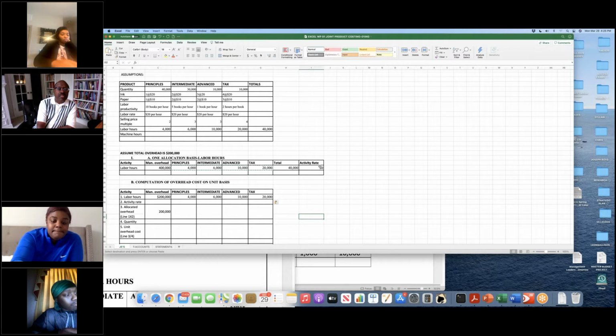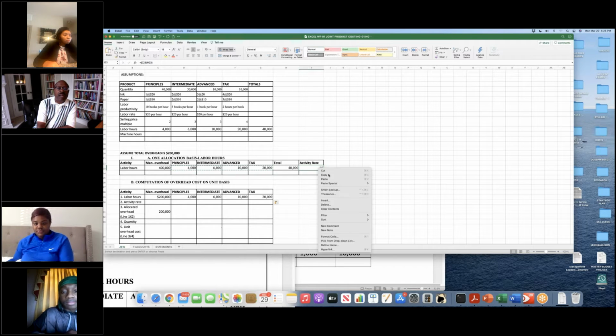Now we need this activity rate. A couple of things we can do here. I guess we'll just copy it.